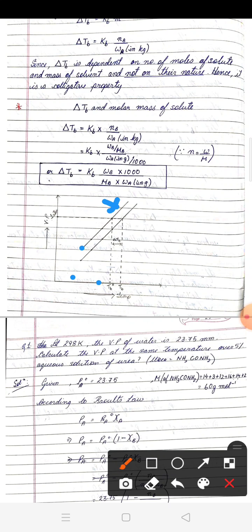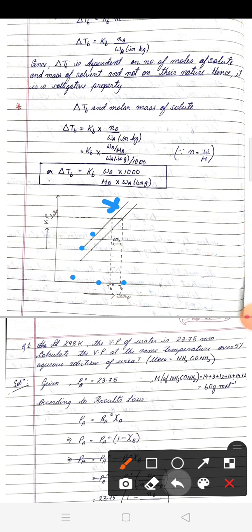As you increase the temperature, the vapor pressure increases. So this way you keep on increasing the temperature and you get different vapor pressures. A time will come when the vapor pressure here, you can see, is equal to the atmospheric pressure, and this is the temperature at which the liquid will start boiling. So this is represented as TB naught, because it is the boiling point of the pure solvent.